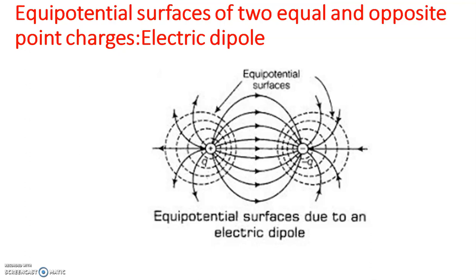Here you can see that in between the charges, equipotential surfaces are closer, which means strength of electric field is stronger in that region, or we can say that there is attraction. Is it clear? So you have to draw the diagram. This arrow shows the direction of electric field lines only, and the dotted curves show the equipotential surfaces for that particular charge distribution.